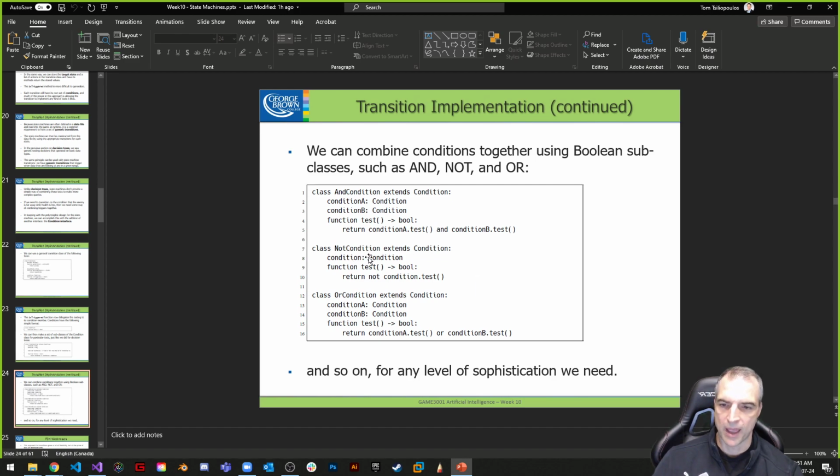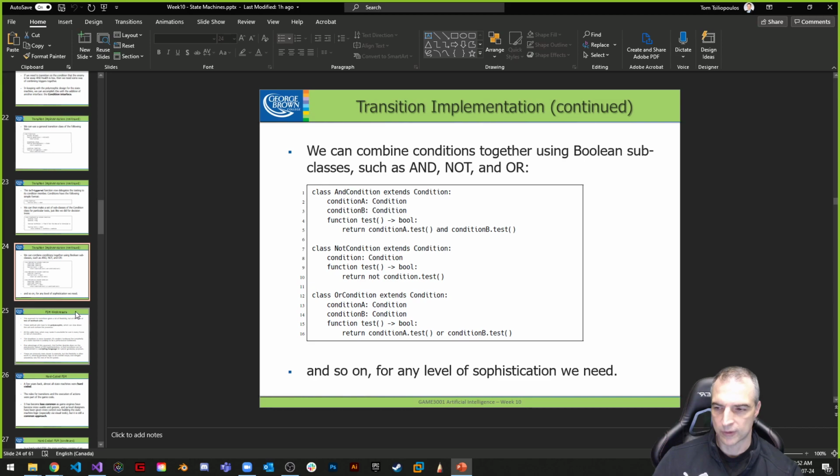If it's met, then it's not met. So that returns the test condition with whatever that is, and then the or condition is either condition A or condition B is met, and then it returns true. So that's how you can do it when it comes to conditions. It's not terribly sophisticated. It's just similar to what we did with decision trees.